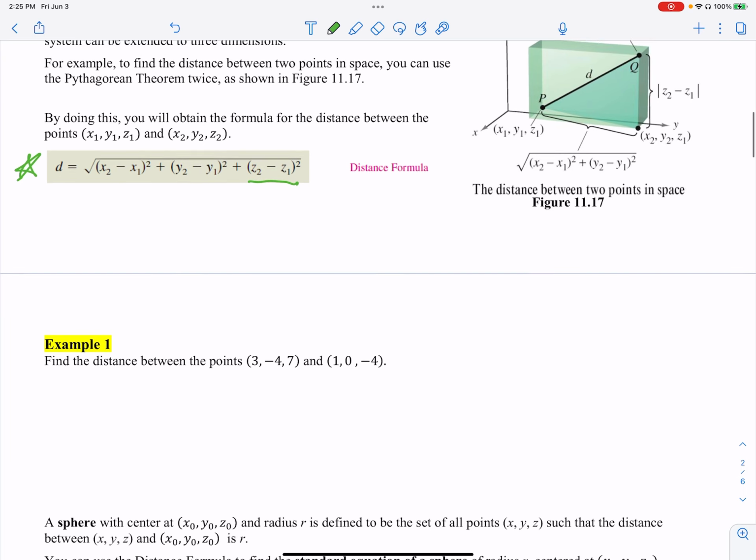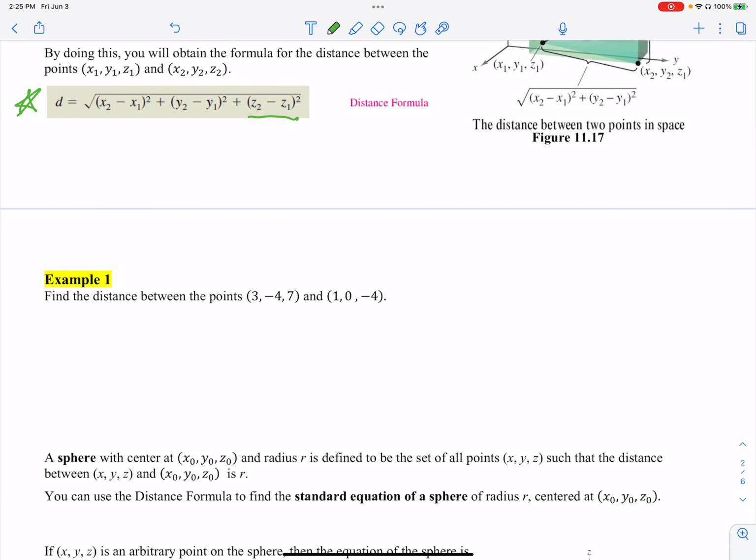So let's look at an example here. It says find the distance between the points. Right, so distance equals, and I subtract each one: (1 - 3)^2 + (0 - (-4))^2 + (-4 - 7)^2, and you just work it out.